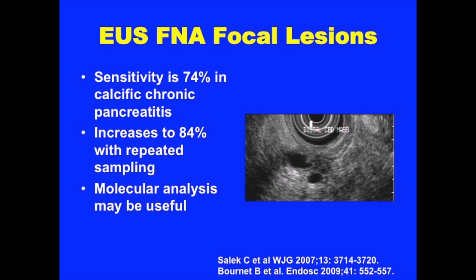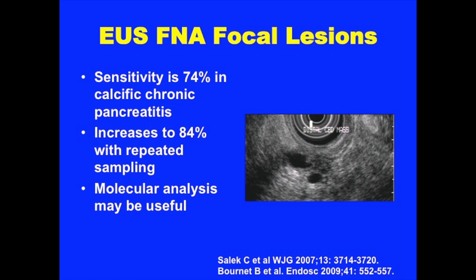You just don't know. You can increase this accuracy to 84% if you do repeated sampling, if you do 8 to 10 fine needle aspirations at the time of your initial procedure, or importantly, if it doesn't show it at that time and you're not sure, you can bring them back in 4 to 6 weeks and pick up another 10% accuracy by repeating the biopsies.